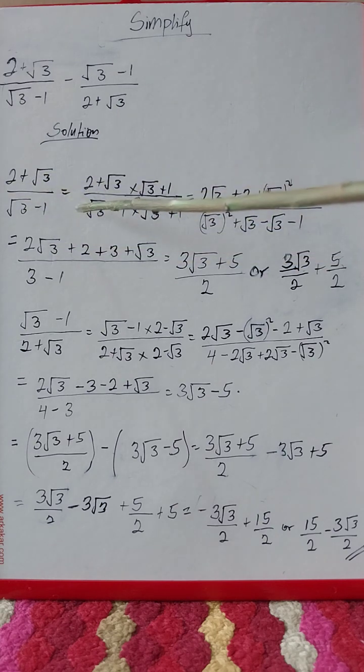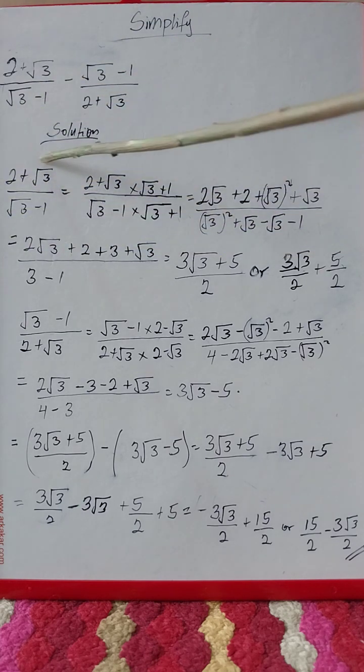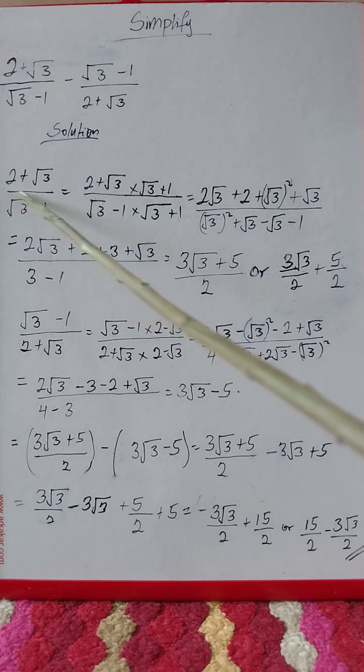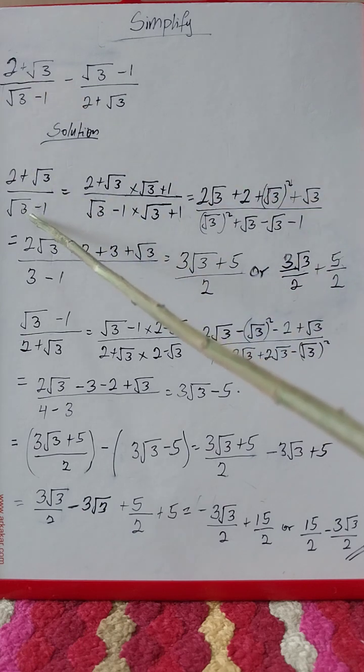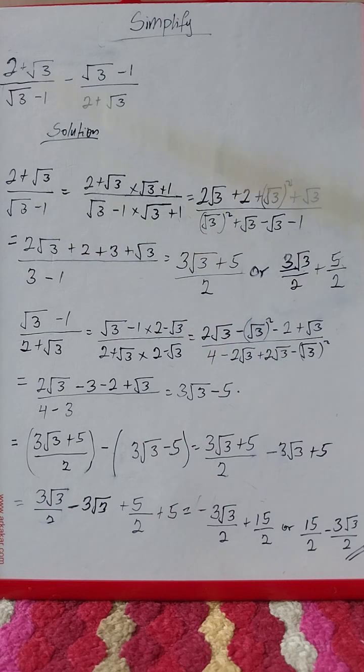For us to rationalize this surd, we need to know the conjugate surd. How do you find the conjugate surd here? If you look at the denominator, if the sign is positive, you change it to negative.